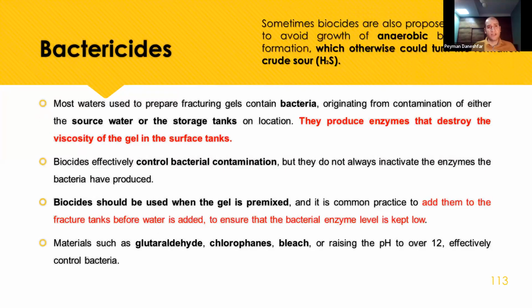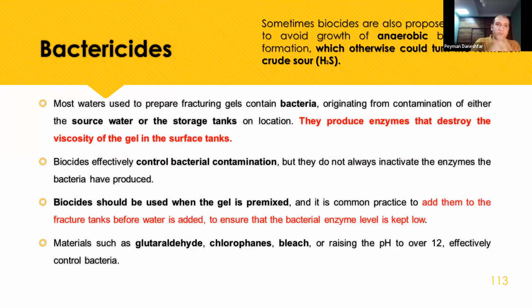Another one is bactericides. Most water used to prepare fracturing gels contains bacteria. Every time, whether drill water or pure water, it originates from contamination of either the source or rock, in storage time or location, and they produce enzymes that destroy the viscosity of the gel at the surface.